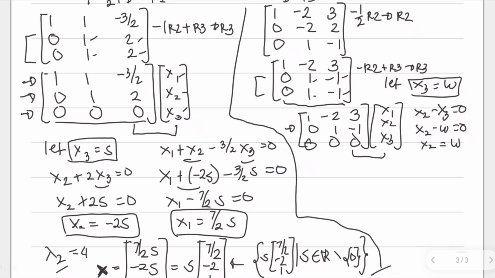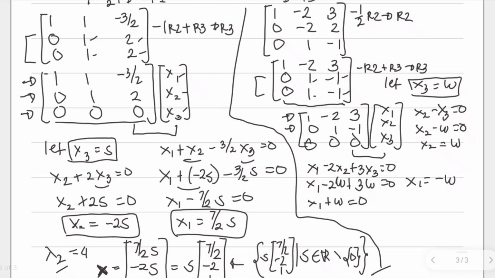And then for our first, you will have x sub 1 minus 2x sub 2 plus 3x sub 3 is 0. x sub 1 minus 2, our x sub 2 is w, plus 3, w as well. So we'll have here x sub 1 plus w equal to 0. So our x sub 1 is negative w.